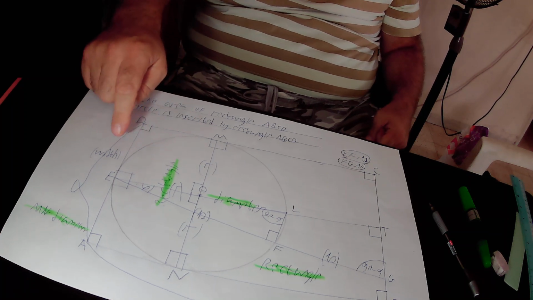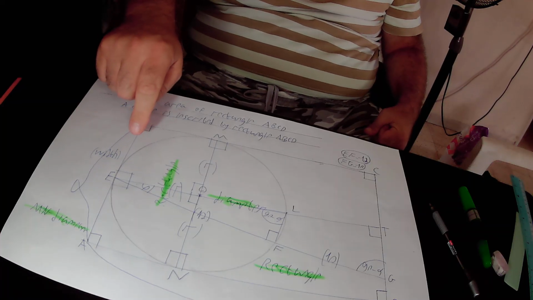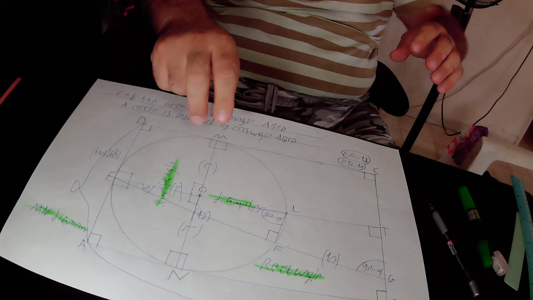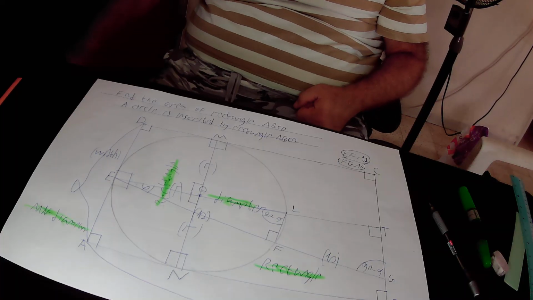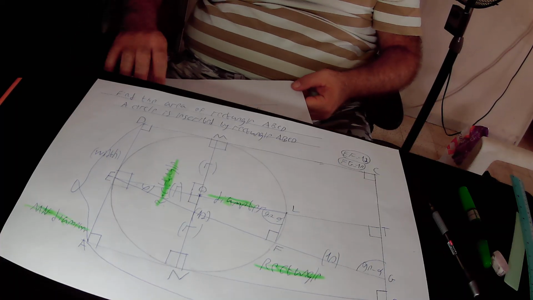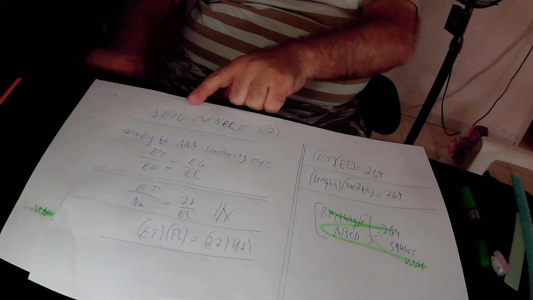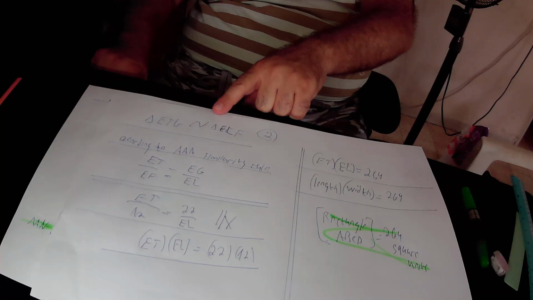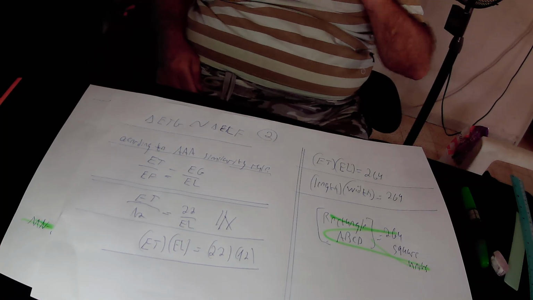So we prove that all the angles of the big right triangle ETG are correspondingly equal to all the angles of the small right triangle ELF. Therefore those two right triangles are similar to each other according to angle-angle similarity. Again, the big right triangle ETG is similar to the small right triangle ELF according to angle-angle similarity.